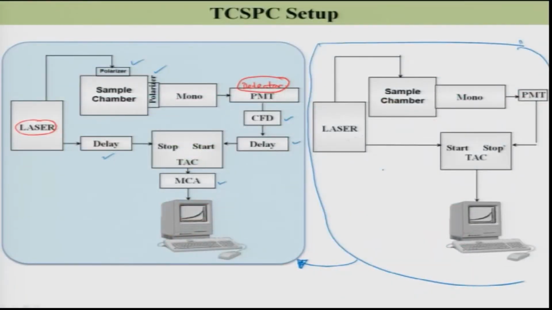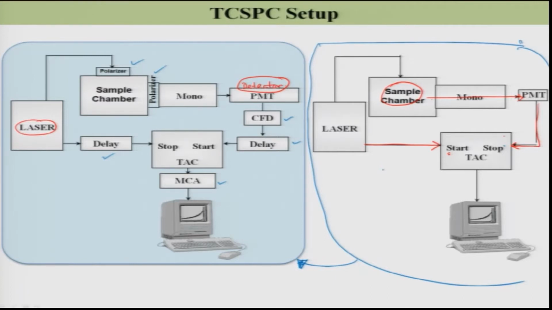When the laser has excited your sample, it sends one signal to start counting the time. Then there is emission of a photon from the sample, and the first emitted photon is detected by this detector. The detector sends the signal that now I got a photon, so stop counting. That is the time between the excitation and the emission of a photon.